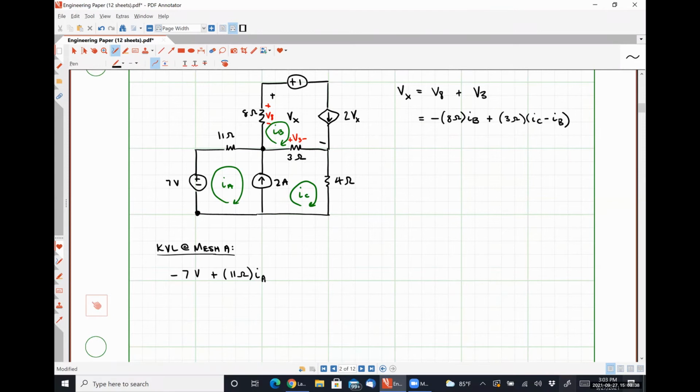I am trying to express the voltage drop over my current source in terms of my mesh currents, and there is no relationship between those two quantities. The absolute best I can do is call this, and I'm just taking a wild stab in the dark here, VCS, assuming positive polarity on top.